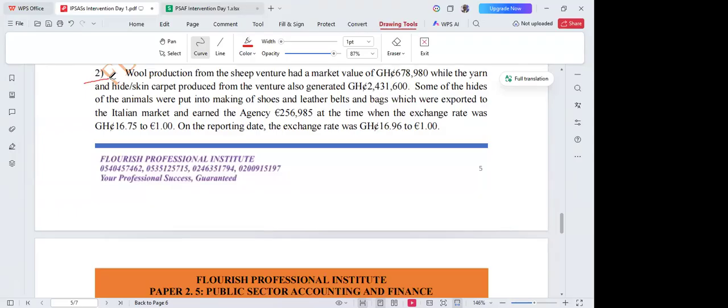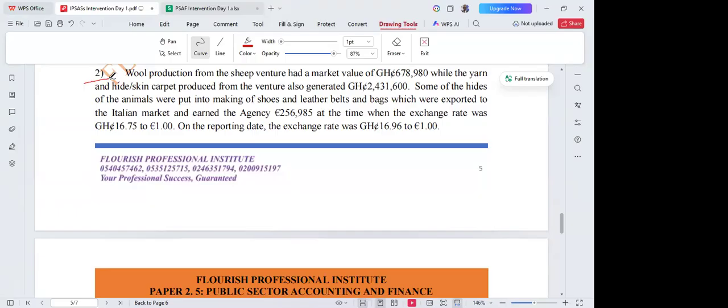Wool production from the sheep venture had a market value of 678,980, while the hide and skin carpet produced from the venture also generated 2,431,600.